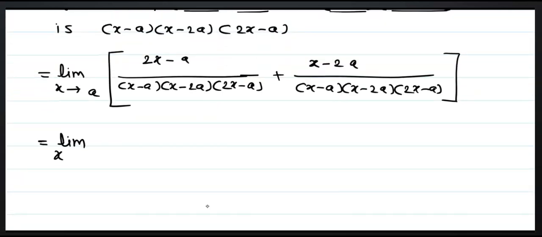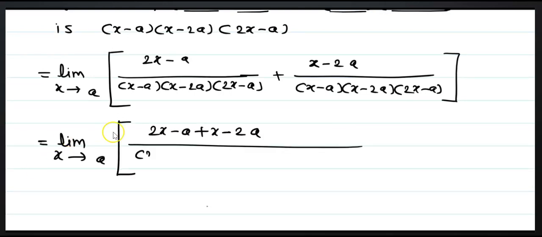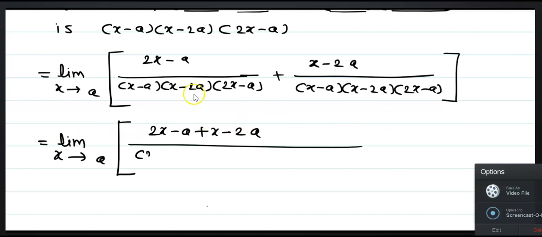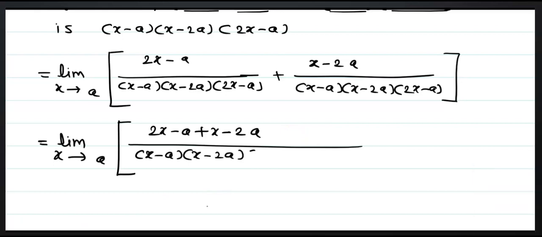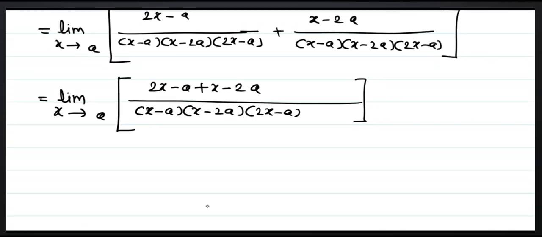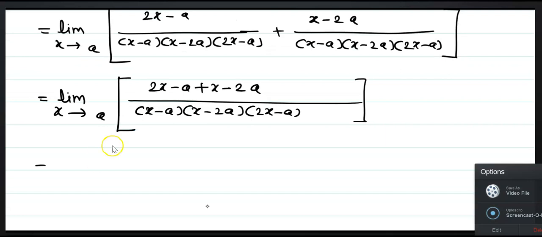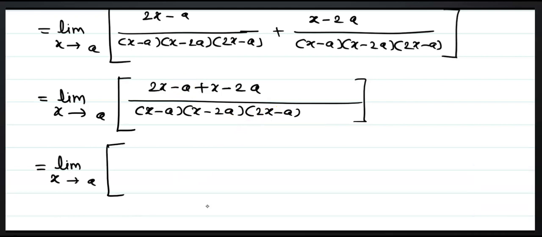Therefore, limit x tends to a. Both of them have the same denominator. 2x minus a plus x minus 2a. Now 2x plus x is 3x, minus a minus 2a, minus 3a. 3x minus 3a.